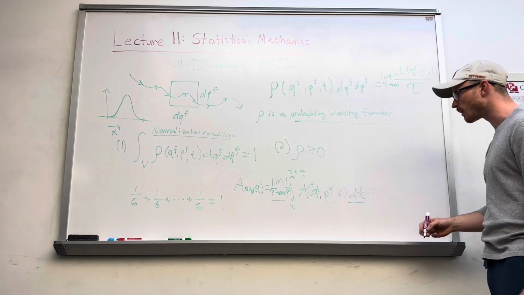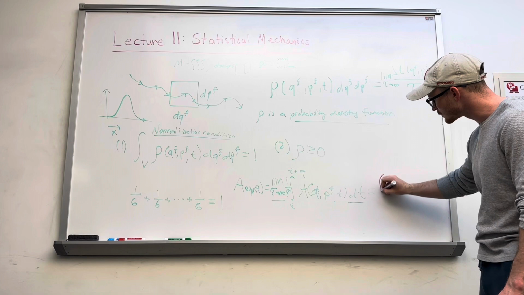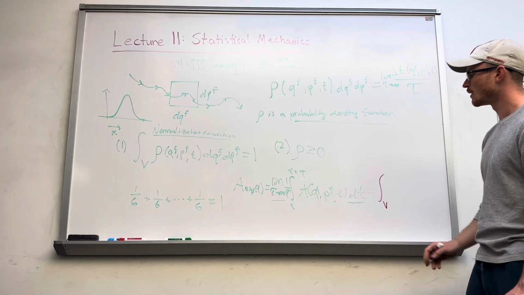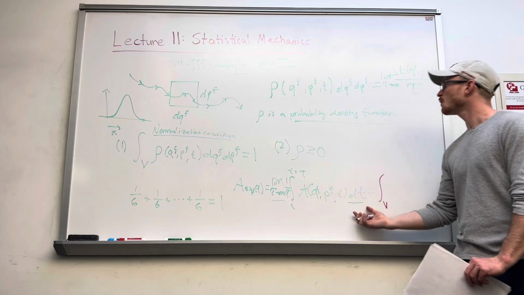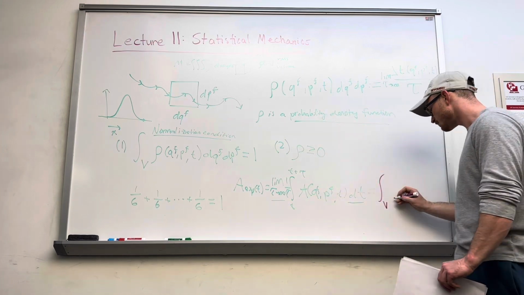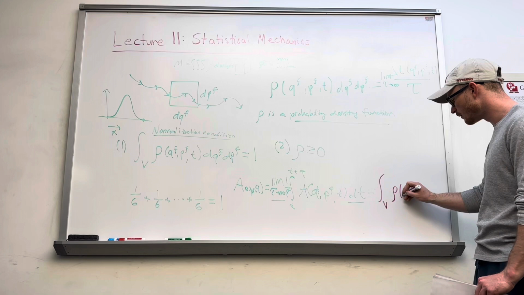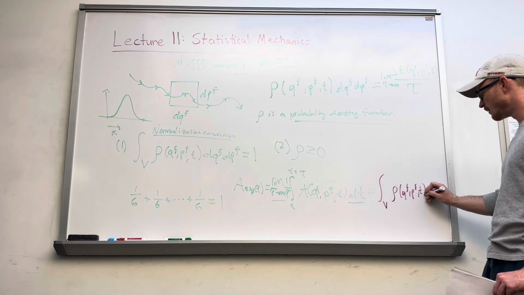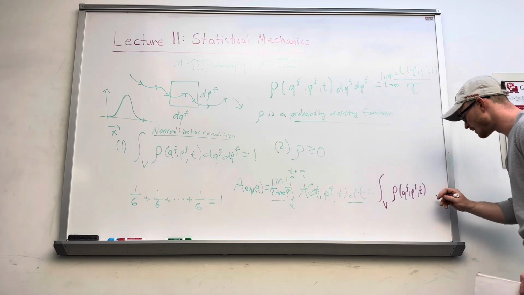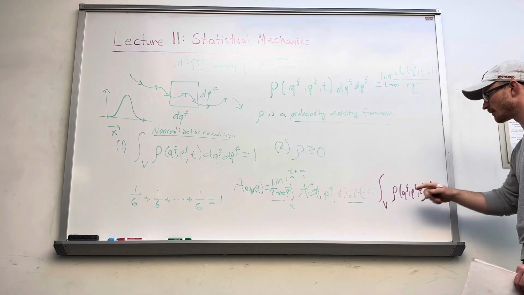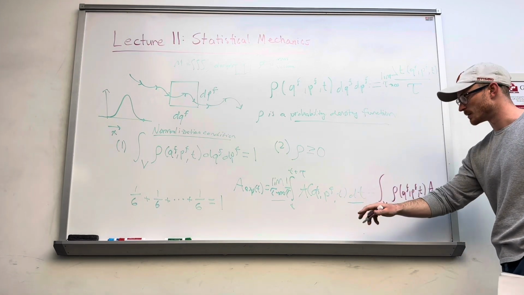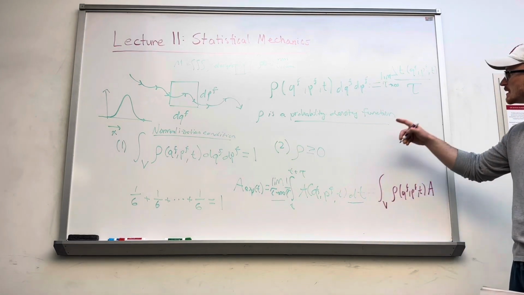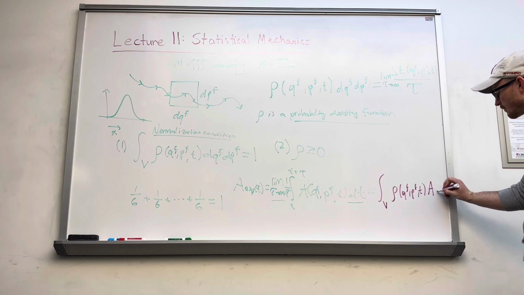We can do that in the following way. The integral now goes over the volume of phase space of rho times A, and I'll leave off all of these dependencies, but these are here just for board space. And now instead of dt, we have dqf dpf.